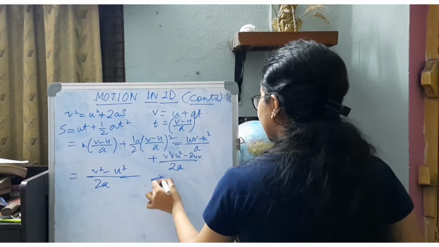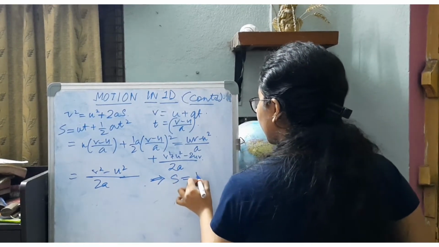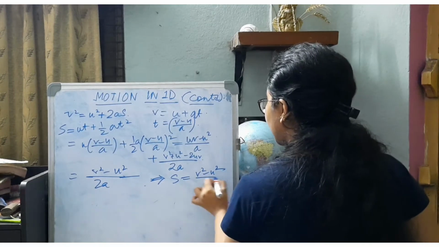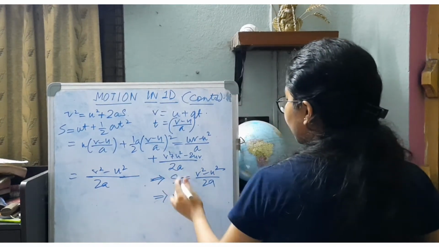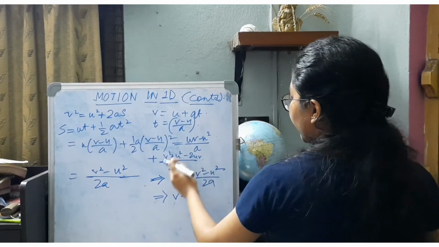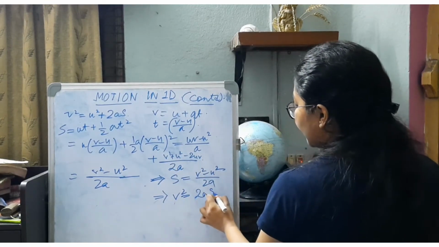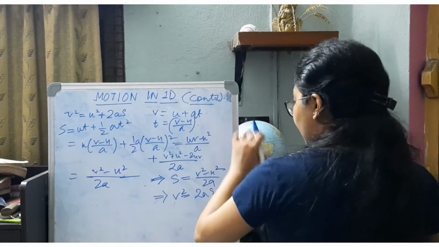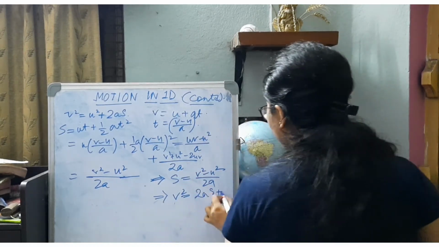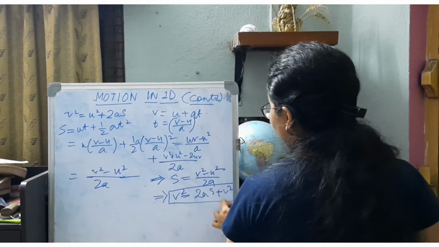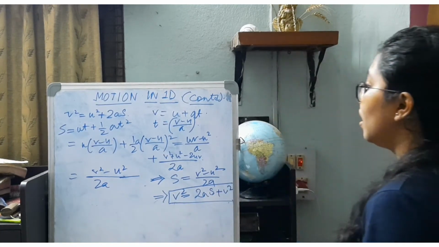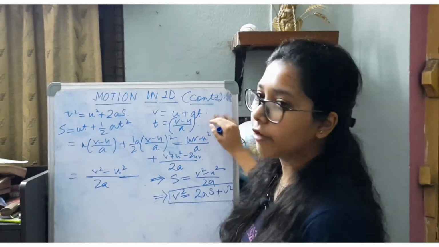So that means s is equal to (v square minus u square) by 2a. Cross multiplying this and then bringing u square to this side, v square is equal to u square plus 2as. Hence we derived the third equation from the previous two.